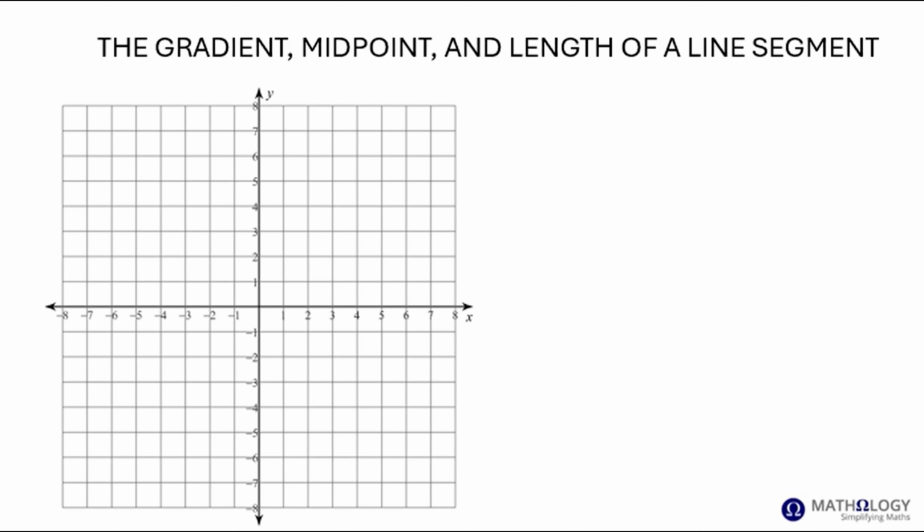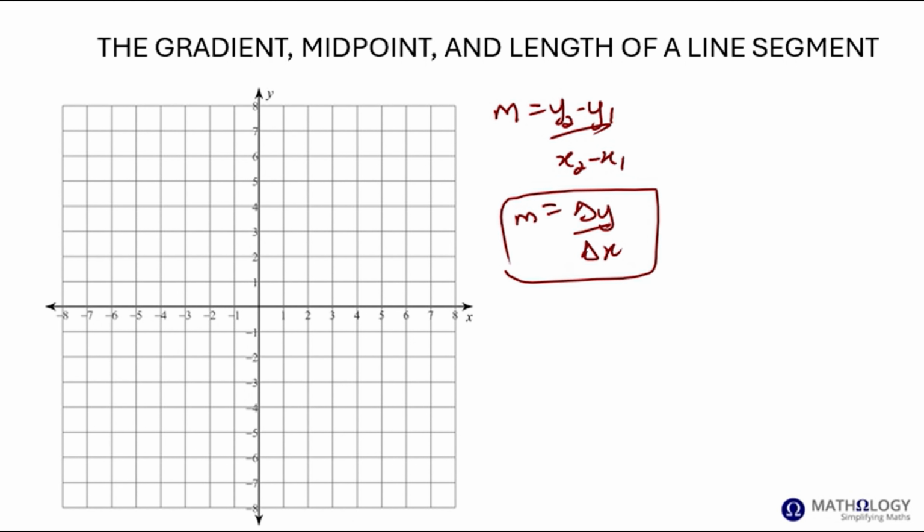Okay, we're going to move on to the gradient, midpoint, and length of a line segment. The gradient of a line segment, you should have already been introduced to. The gradient of a line is given by y2 minus y1 over x2 minus x1, which is commonly written as delta y, or the change in y, over delta x, the change in x. Right?